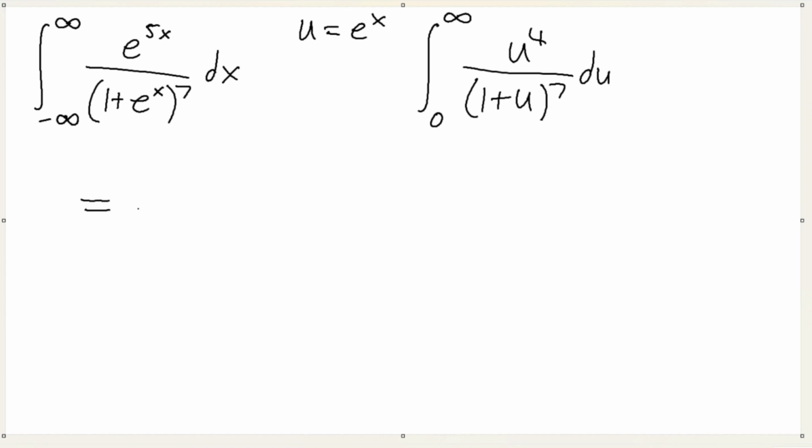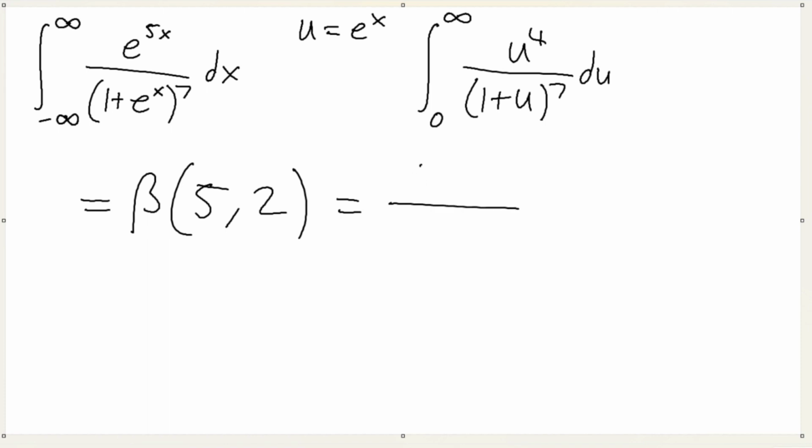Now 5 plus something equals 7, so 2. Our beta function is just beta of 5, 2. This is gamma of 5 times gamma of 2, where gamma of 2 is 1 factorial, over 6 factorial. This is just 1 over 30.